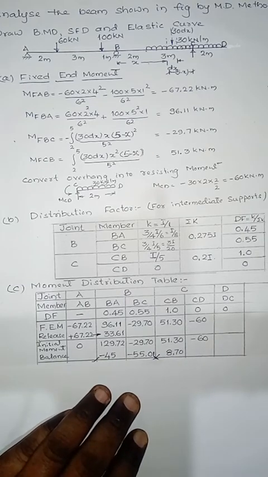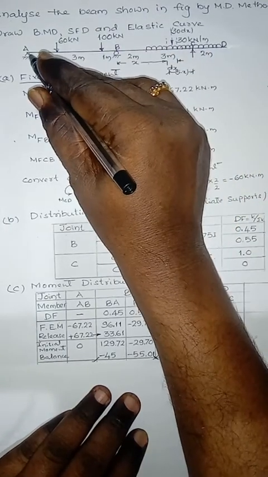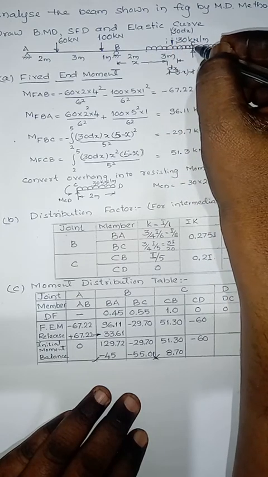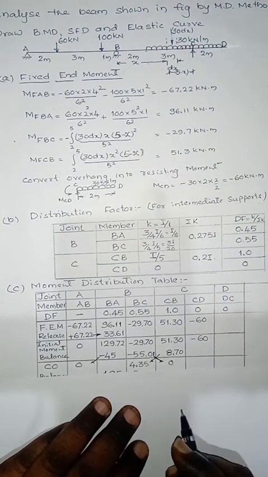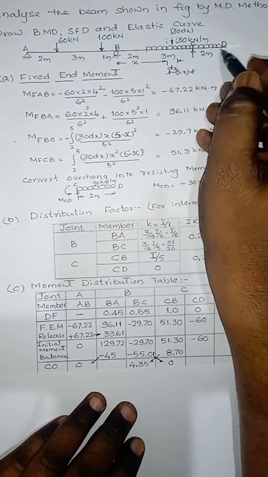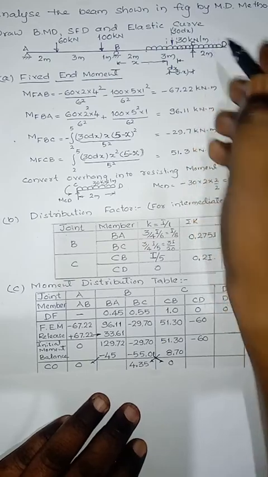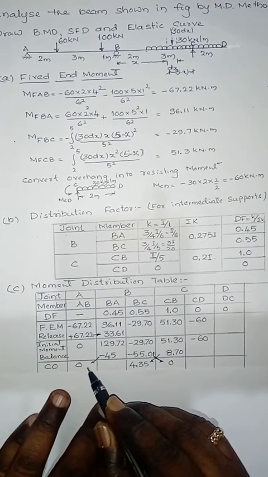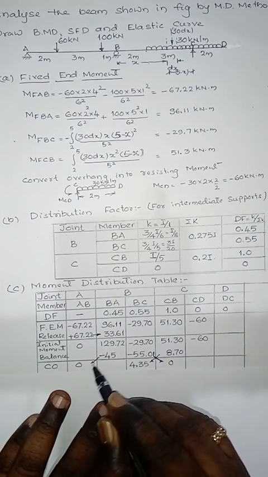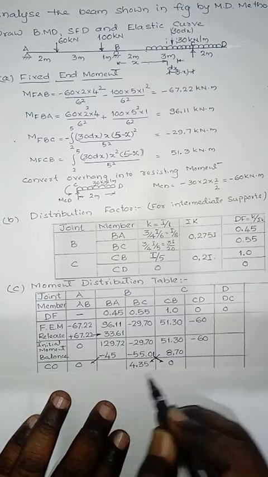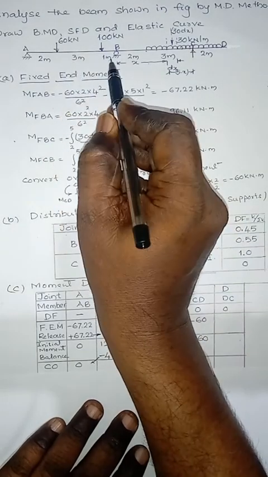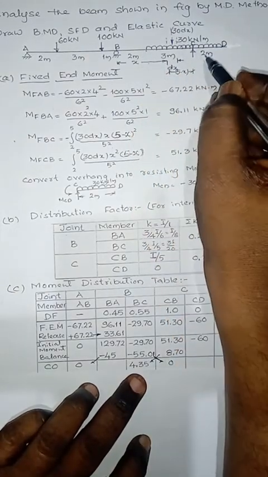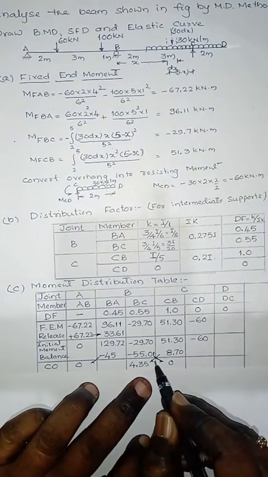Now, is there a carryover from B to A? There is no carryover, since this one is a hinge. From B to C there is a carryover, since there is continuity. Here at the end there is no continuity, because this is the end support. 50% of the moment is carried from B to C, but end A is on a hinge, hence there is no carryover.